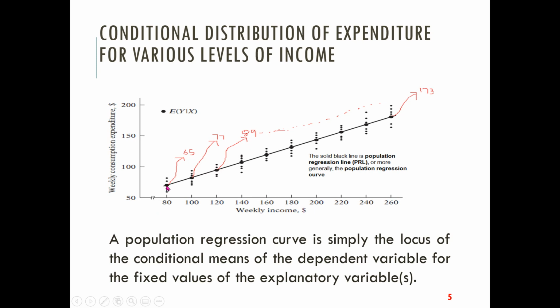So what does that mean? This diagram shows that the population regression line, or the population regression function, is simply joining all the values of conditional means of the dependent variable, that is consumption, for a given value of income.